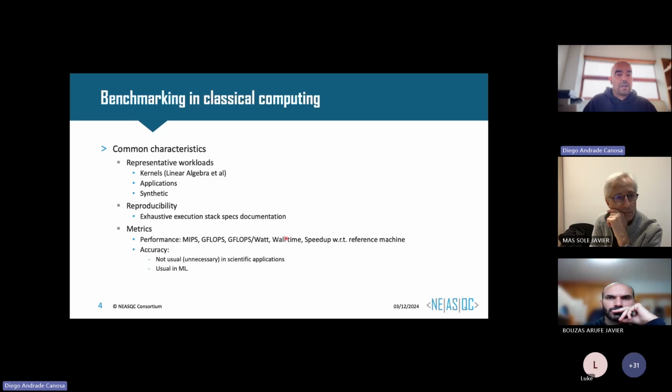In the classical world, it's not so usual to target accuracy, as scientific applications are usually performing exact calculations. But in the case of machine learning, for instance, it's becoming very relevant to have accuracy metrics. So in machine learning models, we can have metrics such as the F1 score or perplexity.